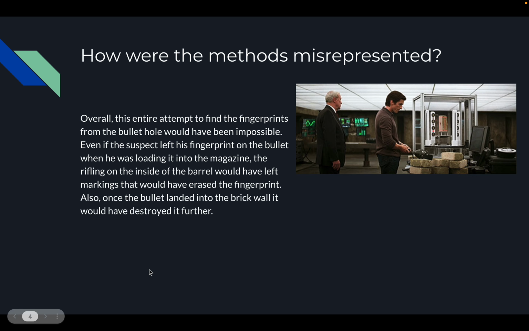So how were the methods misrepresented? Overall, the entire attempt to find the fingerprints from the bullet hole would have been impossible. When a bullet is fired, there are a lot of different markings created, not only on the bullet, the projectile itself, but also on the casing which houses the bullet until it is fired.